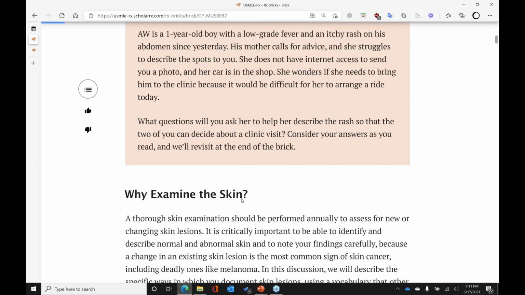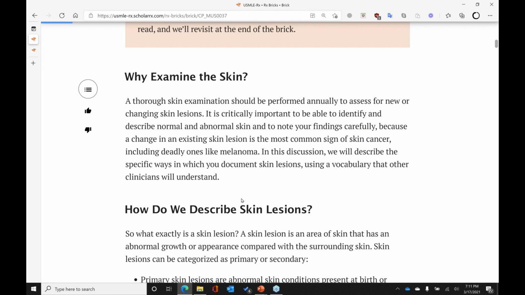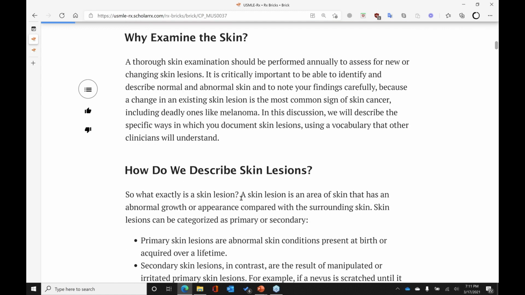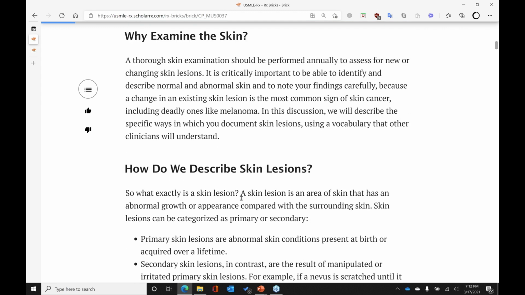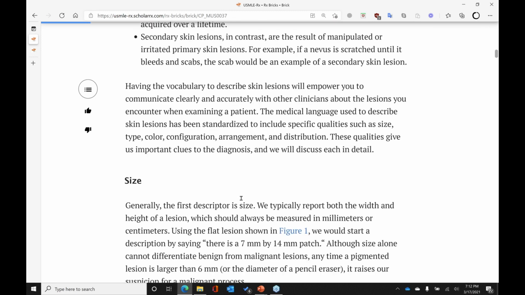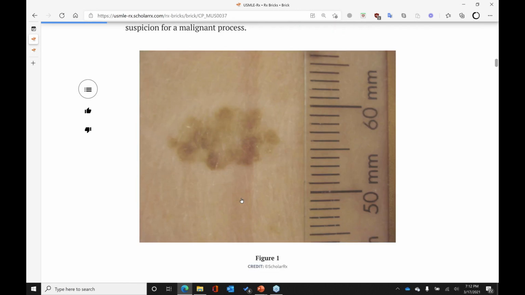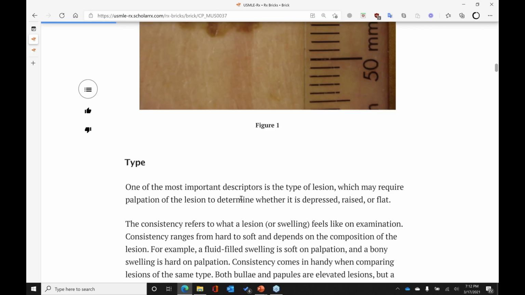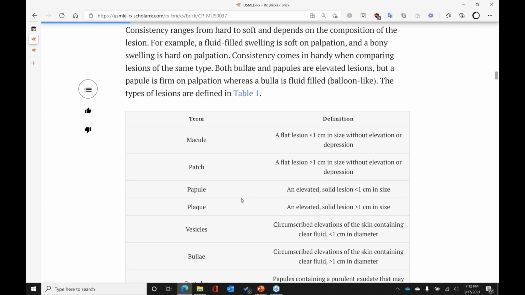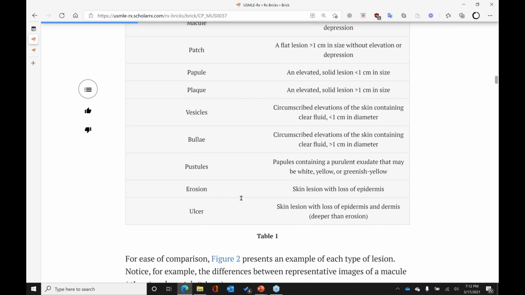And then as you go through it, we take a very conversational, very conceptual approach to really explain to you how you should examine the skin, why you should examine, how do you describe the lesions. It's all well illustrated. It's easy to follow. It gives you the core concepts without flooding you and drowning you in details.